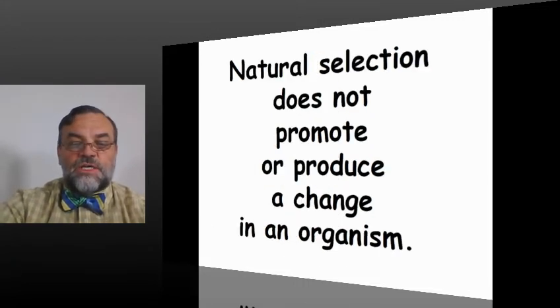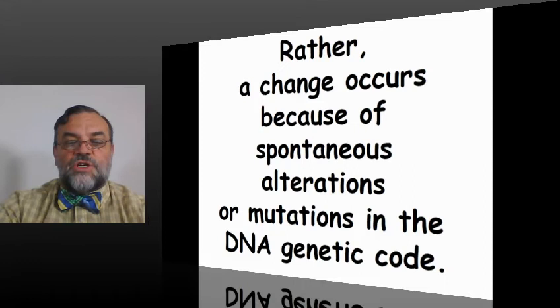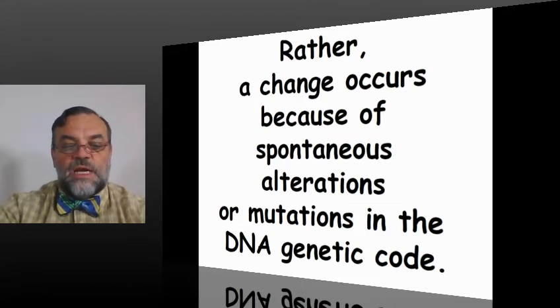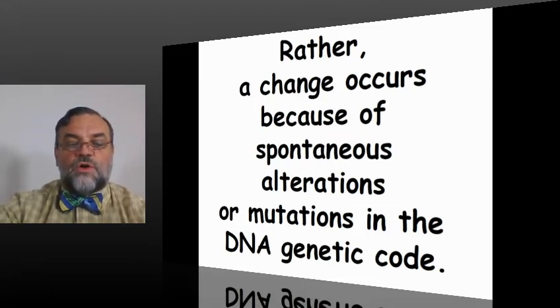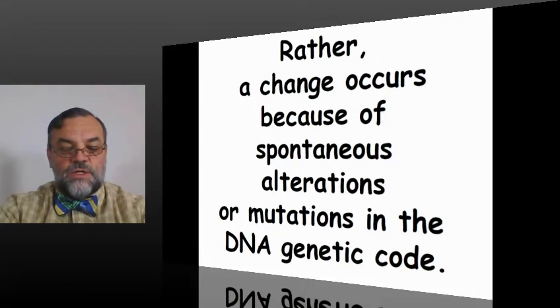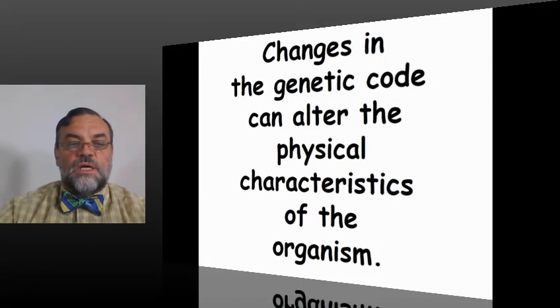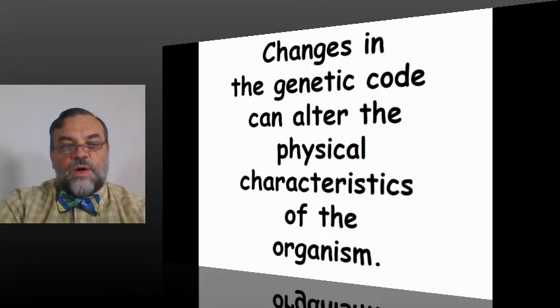Natural selection does not promote or produce a change in an organism. Rather, a change occurs because of spontaneous alterations or mutations in the DNA genetic code. Changes in the genetic code can alter the physical characteristics of an organism.